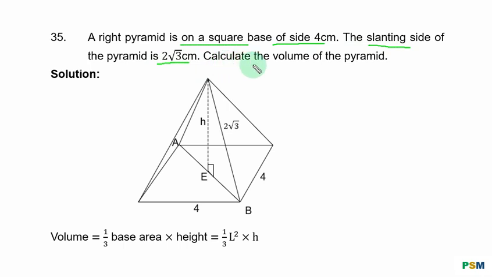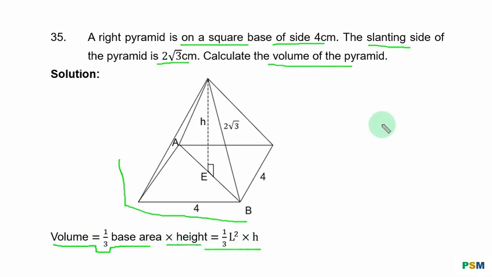Calculate the volume of the pyramid. Solution: this diagram represents the given information. Volume is equal to 1/3 times base area times height, given in this form.